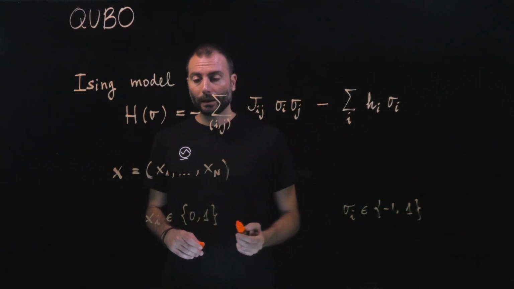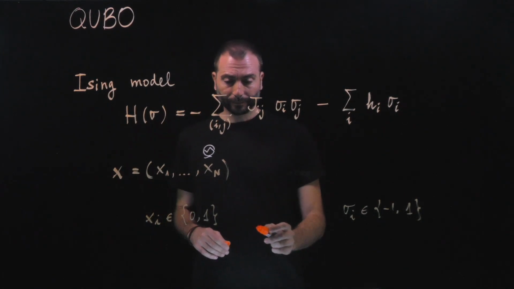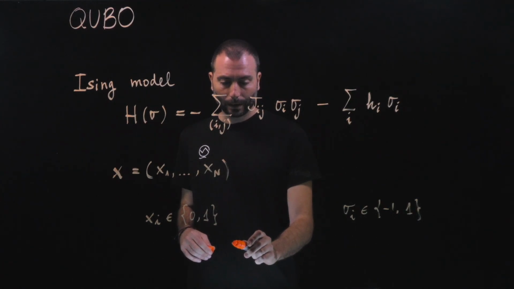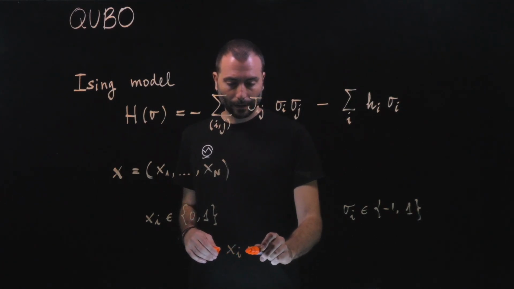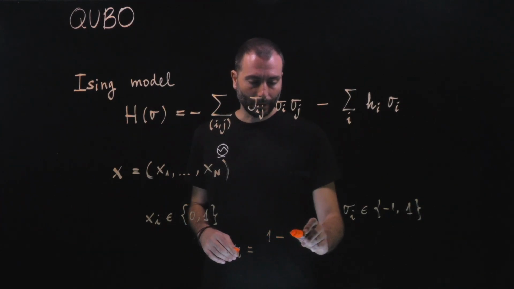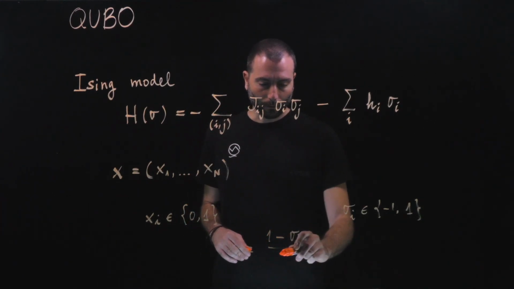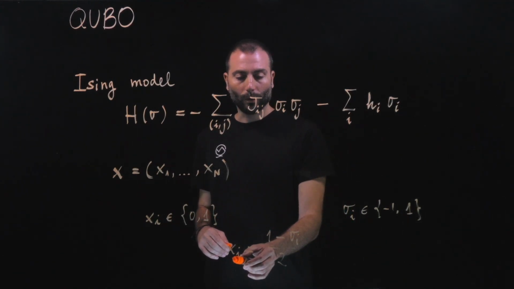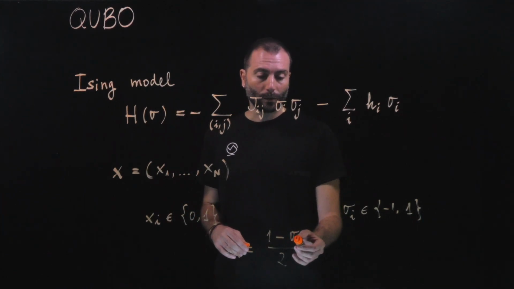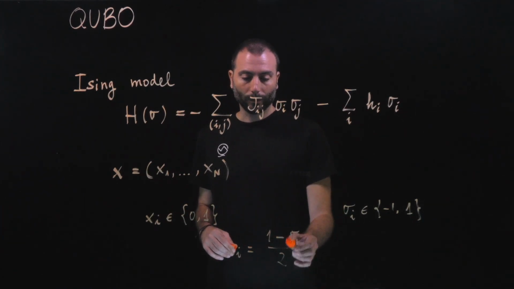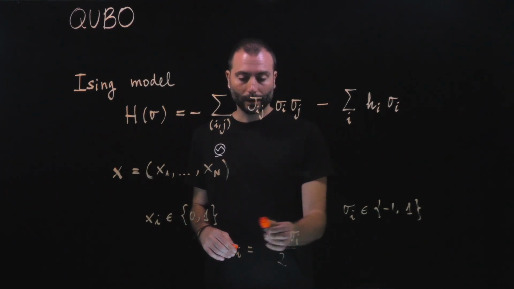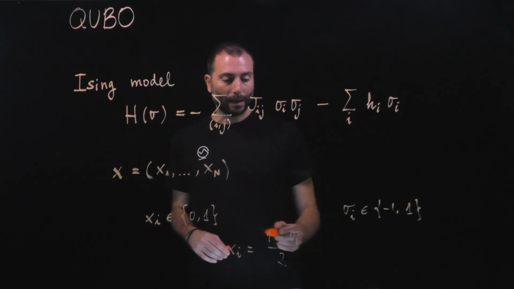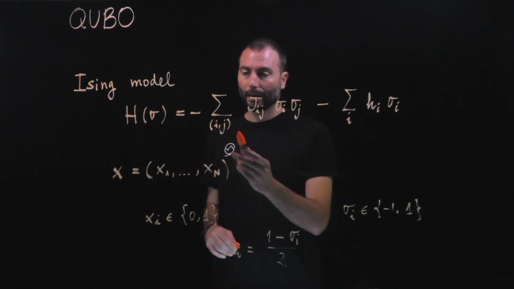Okay, and the transformation that does this is simply a linear transformation where we basically notice that we could do, for instance, xi is just (1 minus sigma i) over 2, such that when sigma i takes the value 1, xi will be 0, and when sigma i takes the value -1, this is 2 over 2, which is 1. Okay, so in this way, we just map the two ways of incorporating these variables and applying this transformation into the Ising Hamiltonian.